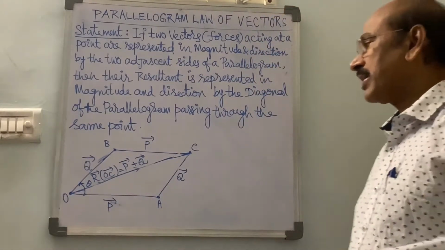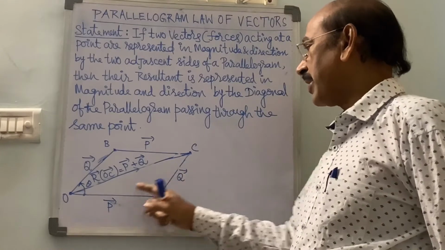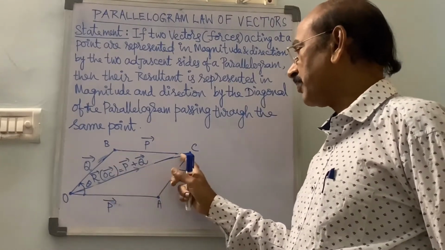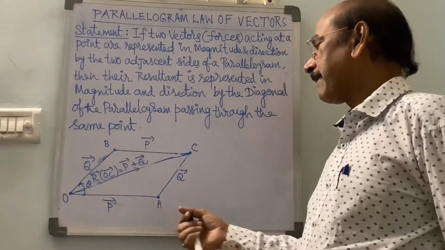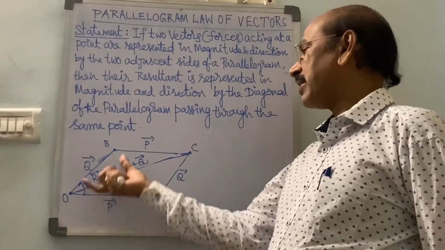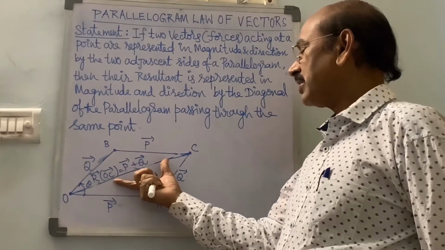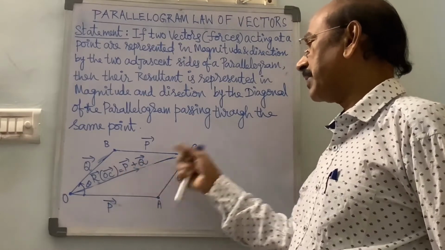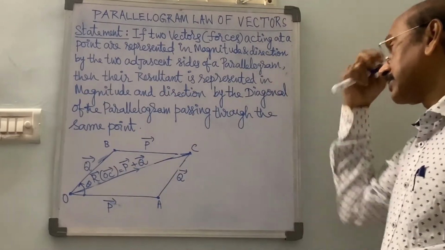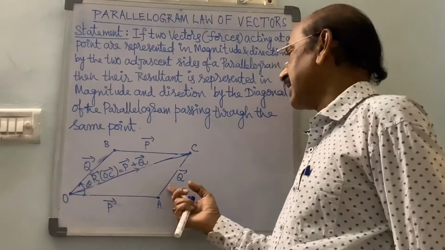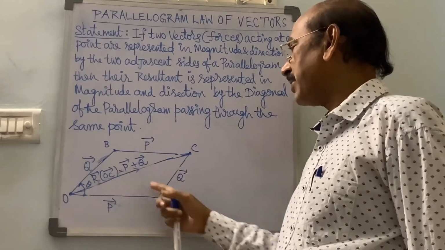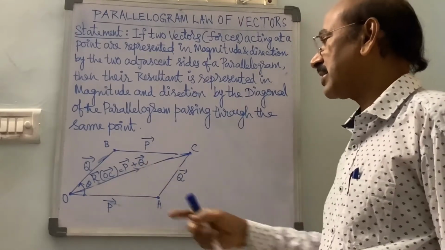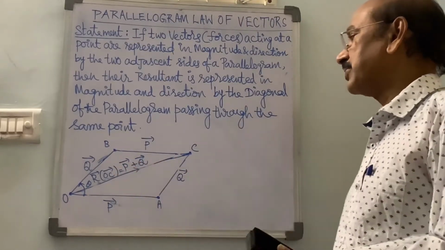Then by drawing parallel sides AC and BC and completing the parallelogram, the resultant of p bar and q bar is represented by the diagonal r bar or OC bar. So OA plus AC is equal to p plus q, where OA is p bar and AC is q bar. So the resultant r bar is equal to p plus q.